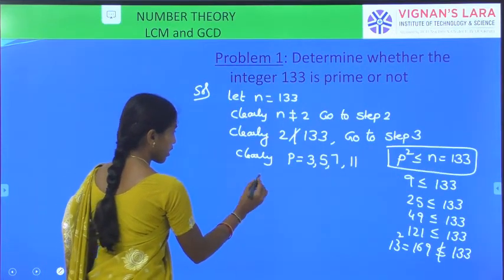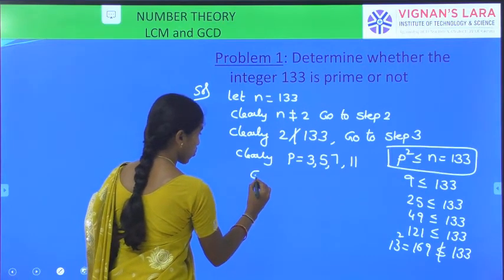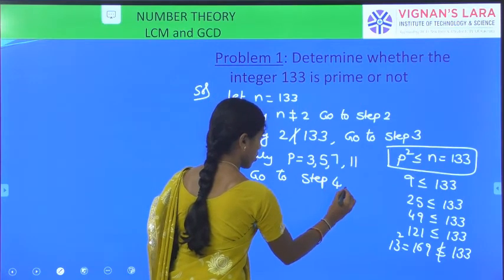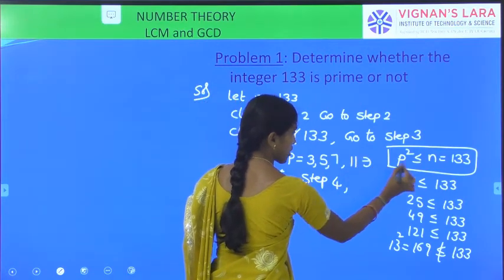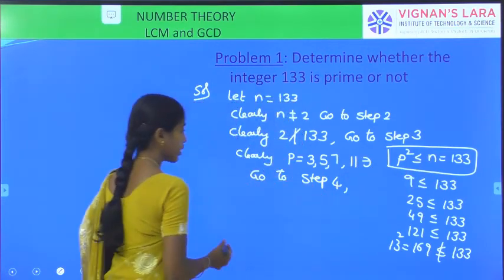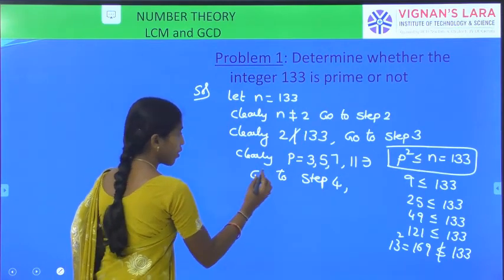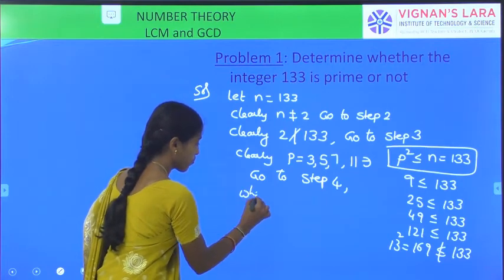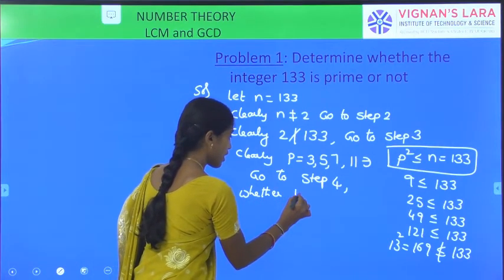So we go to step 4 because such primes exist with p square less than or equal to n. In each case we need to check whether p divides n or not.